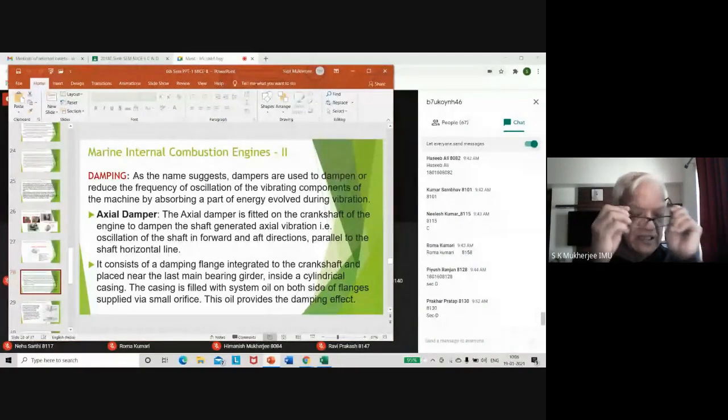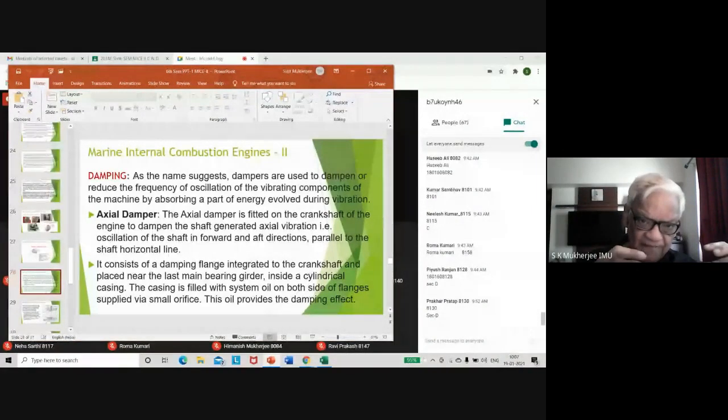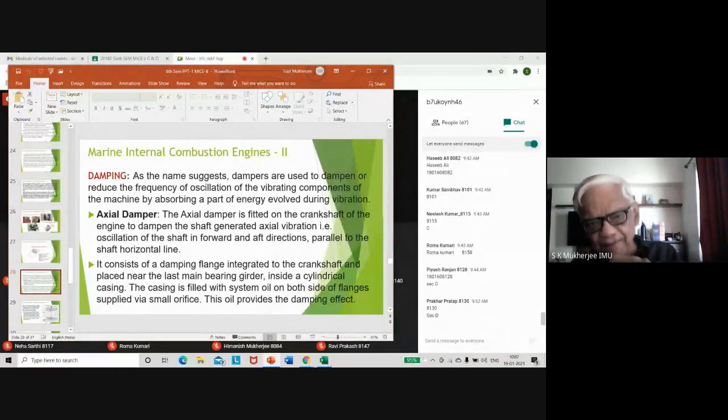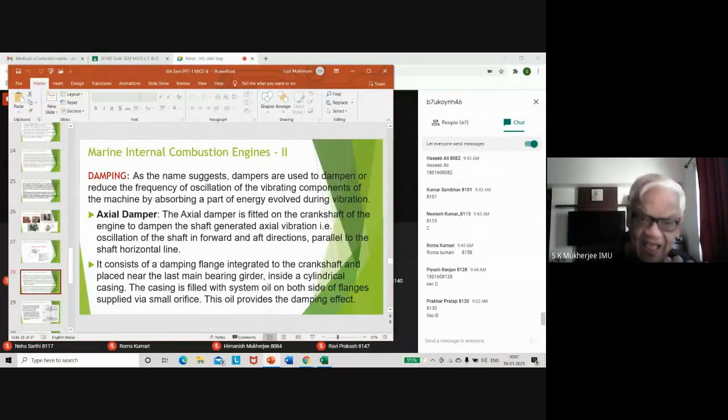Now, just now I said on the crankshaft, or rather the extended part of the crankshaft, you have a flange. And this flange has a seal ring at the rim of it. The seal ring can be Teflon; it is like a piston ring, but it is fixed. It does not have compressibility.